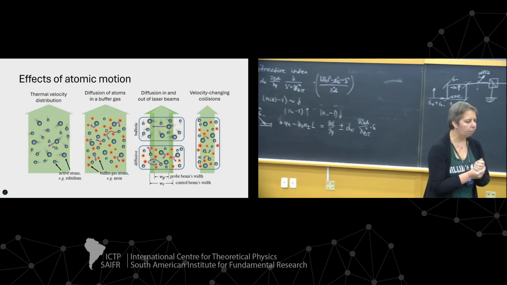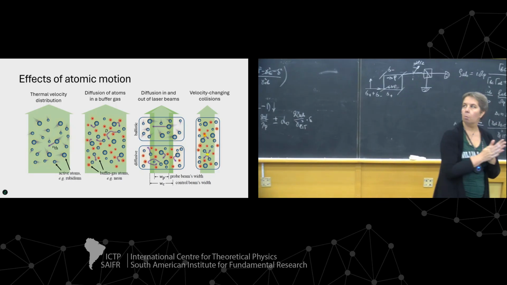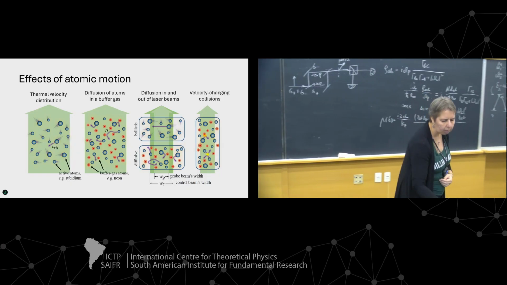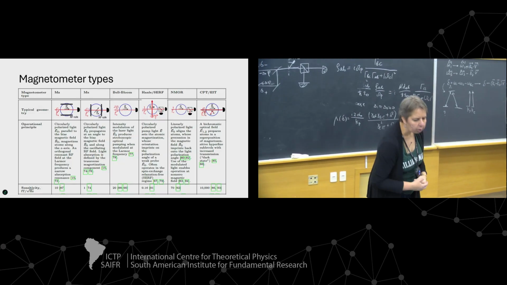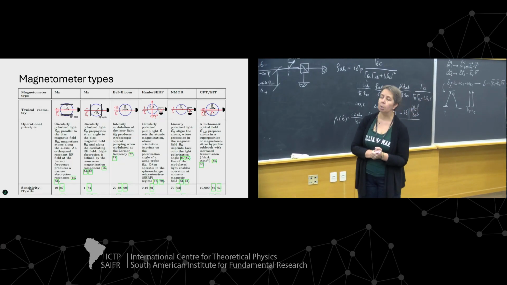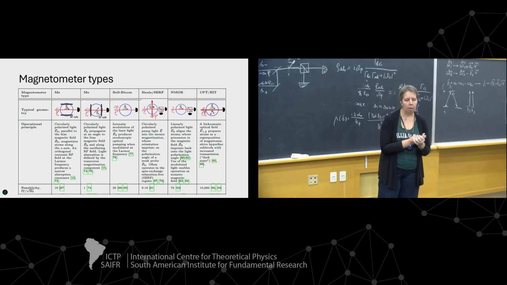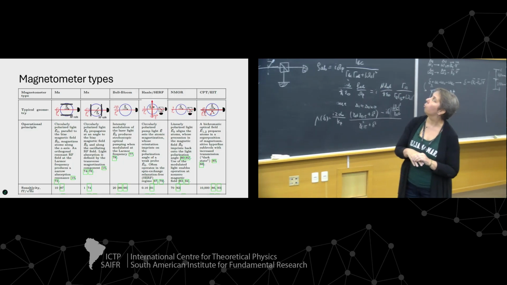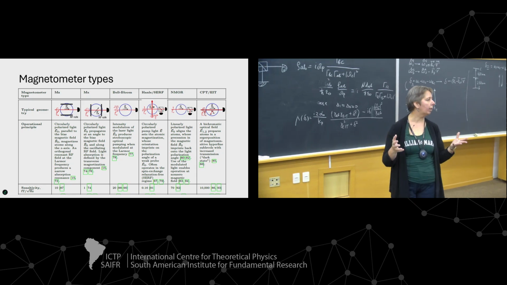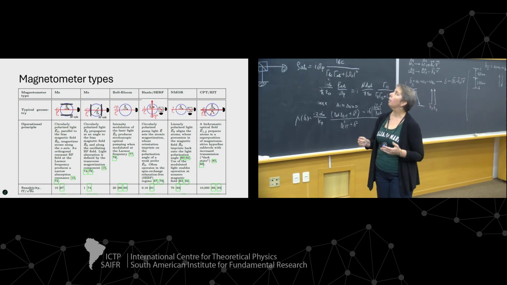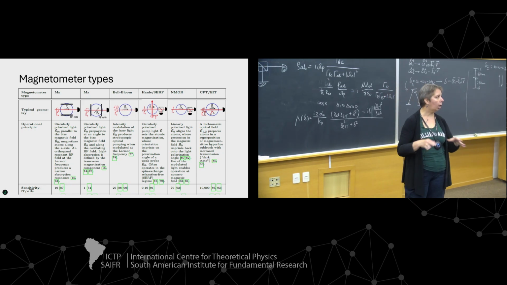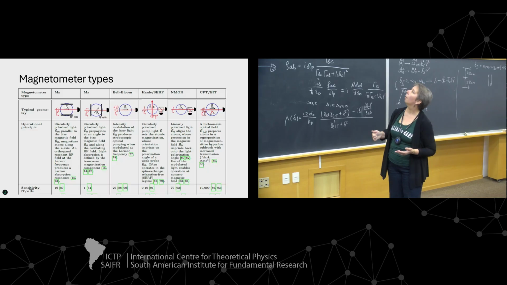I don't think it makes sense, or else we have time, to go through the various magnetometer arrangements. In this paper, which I put in, we tried to capture how different magnetometers operate. And I think after these two lectures, you can follow it.